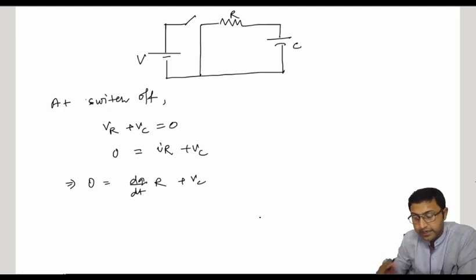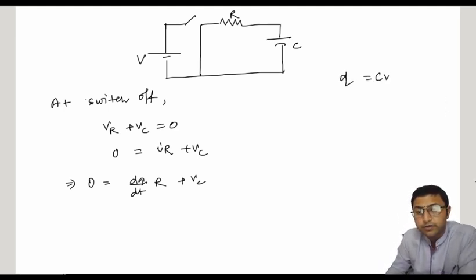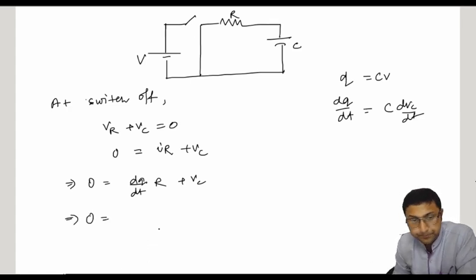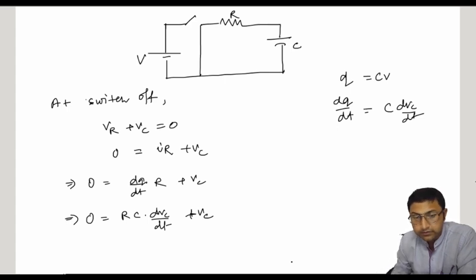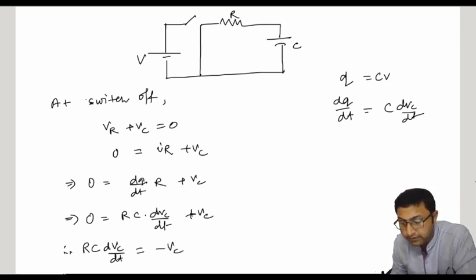And Q equal to C Vc, so dq dt is C dVc dt. So 0 equal to R C dVc dt plus Vc. That means we can write RC dVc dt equal to minus Vc.